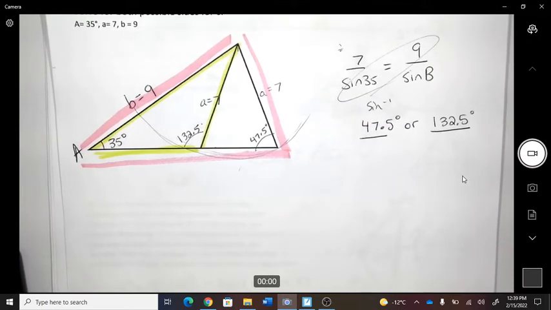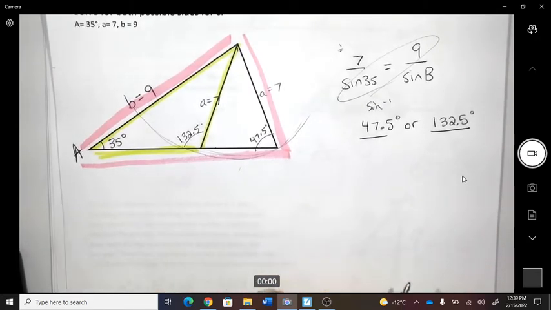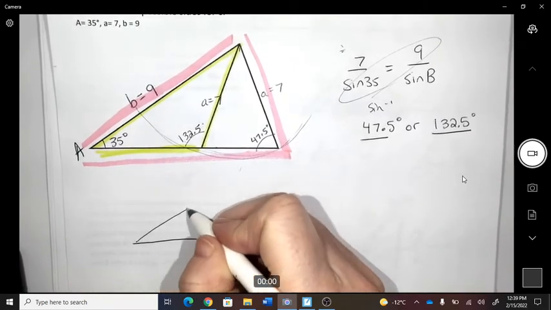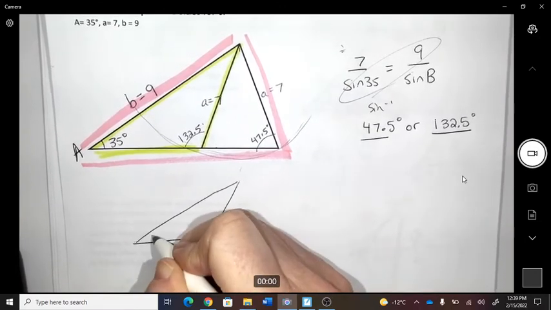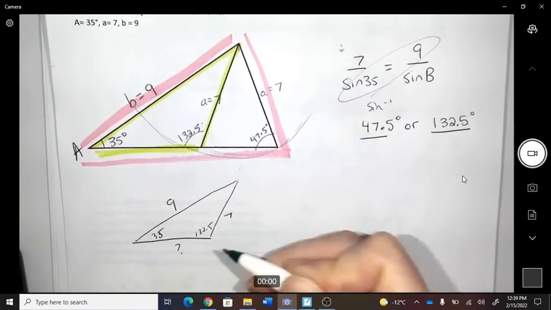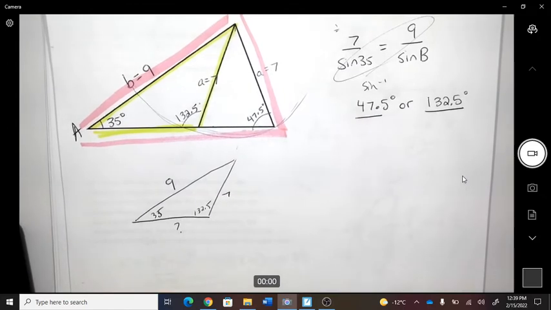Okay, I'm going to draw the triangle separate, just so if you're having trouble seeing it. Okay, so this is my yellow triangle right now.